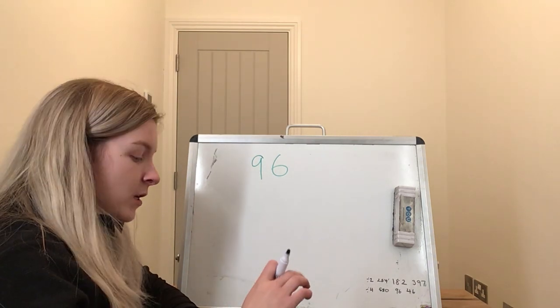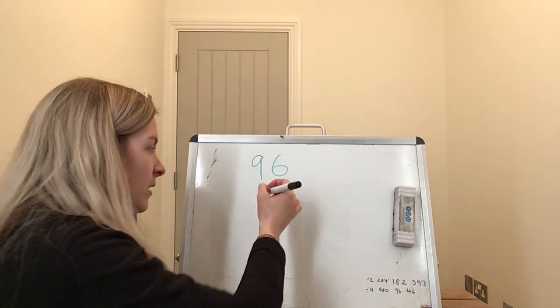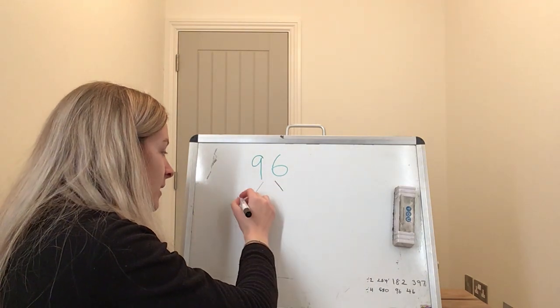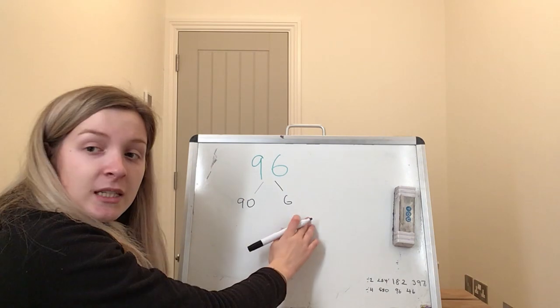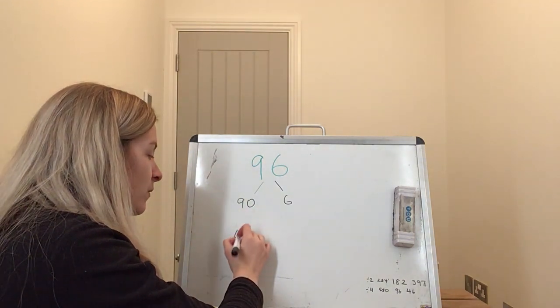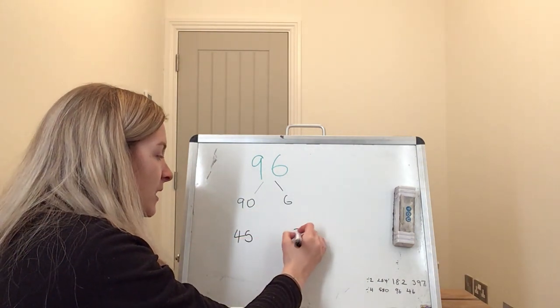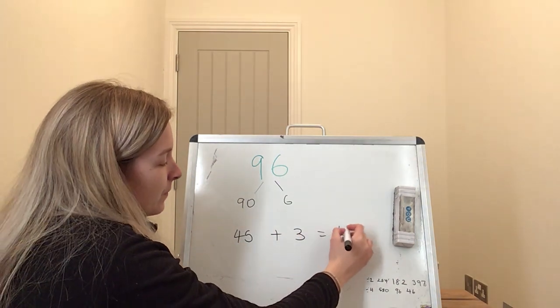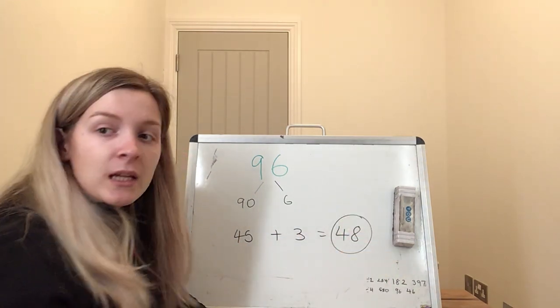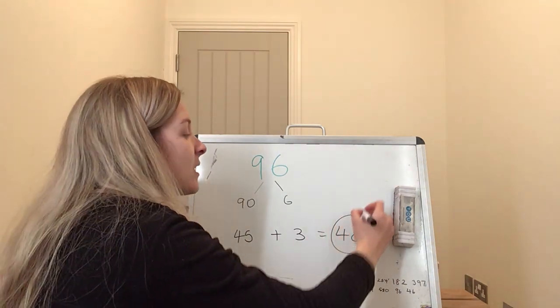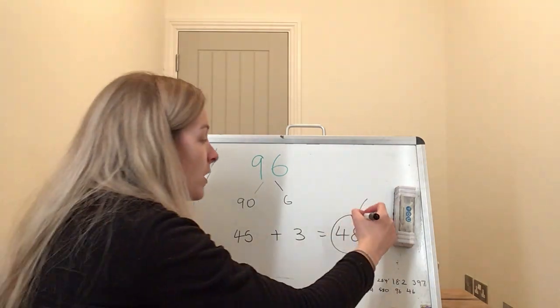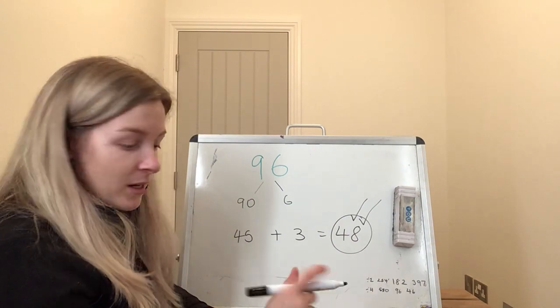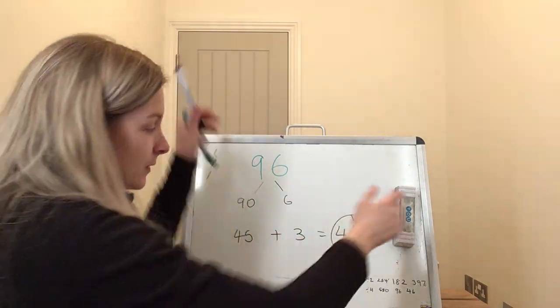Okay, so when you half this number, half of 90, I found it easier to partition. So half of 90 is 45, half of 6 is 3, add them together, 45, 46, 47, 48. Is 48 an even number? Yes, it is. Is it divisible by 4? Yes, it is. Okay, well done.